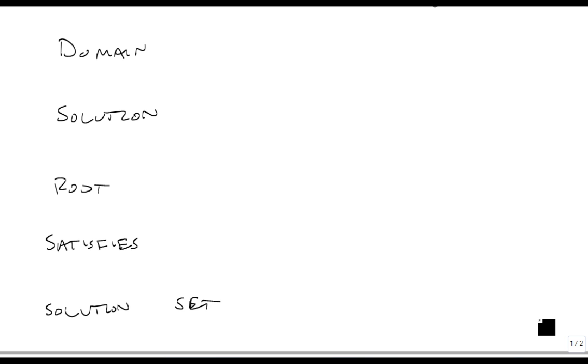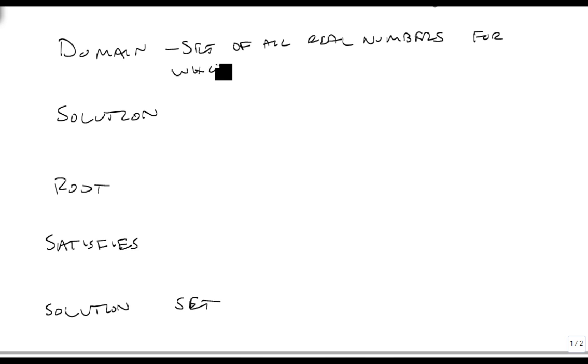Domain is defined to be the set of all real numbers for which both sides are defined. Now, domain is very different than solution.